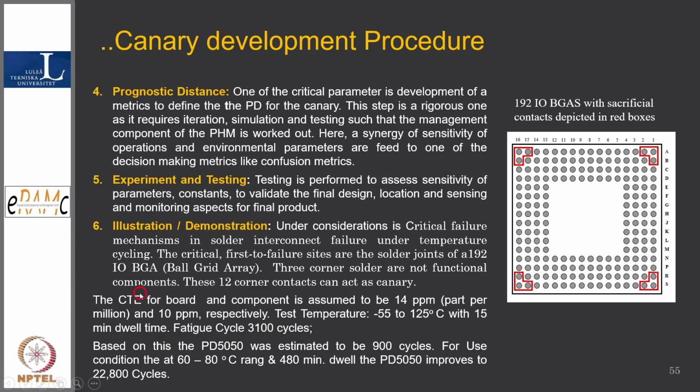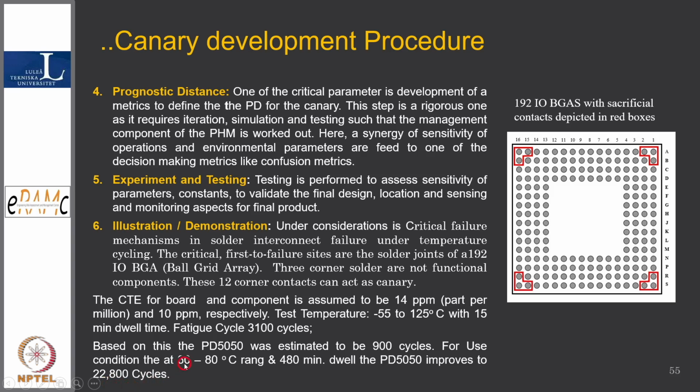This is what we designed, this BGA, and based on this the PD 50/50, that means the median time from the canary to the median time for the standard component, was estimated to be 900 cycles. For use conditions, from 60 to 80 degrees centigrade, with a 40-minute dwell time, the PD 50/50 improves to 22,800.